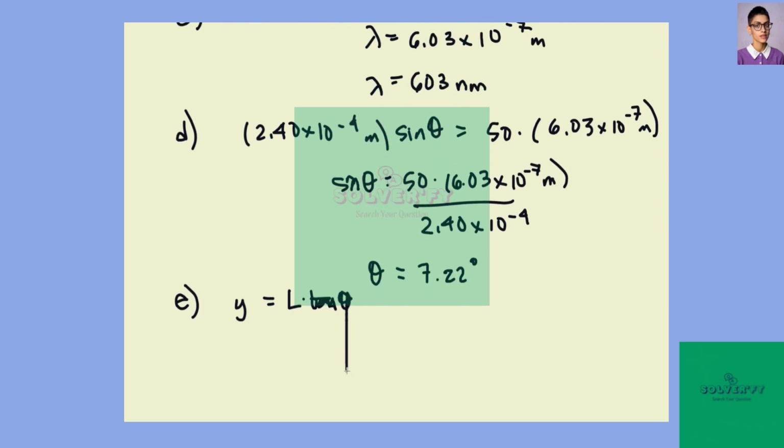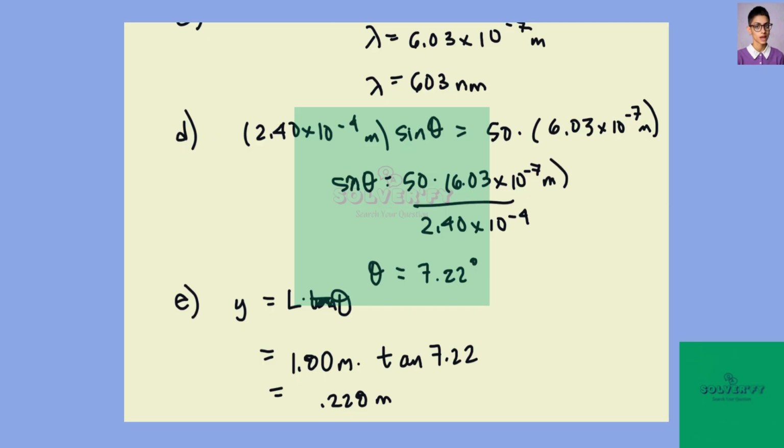Since I know the angle, and I know my L is 1.8 meters, and the tangent of 7.22, I plug that into my calculator and I get 0.228 meters.